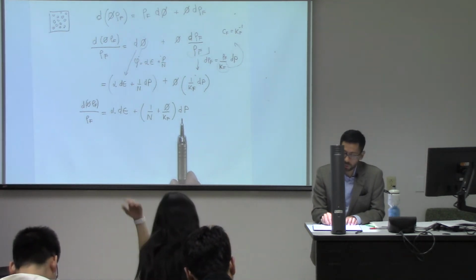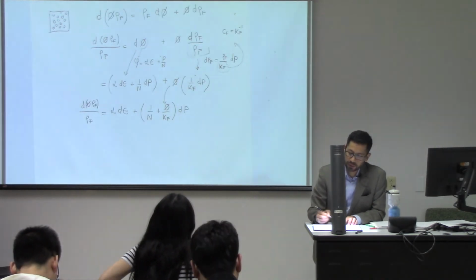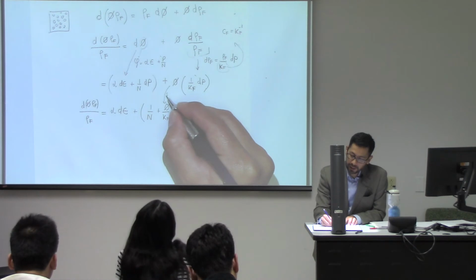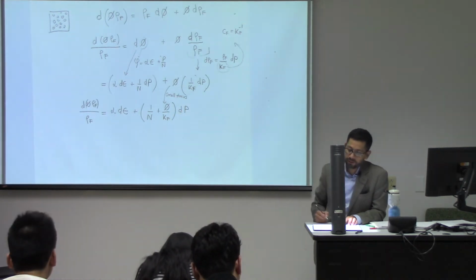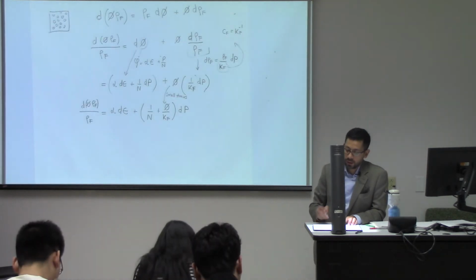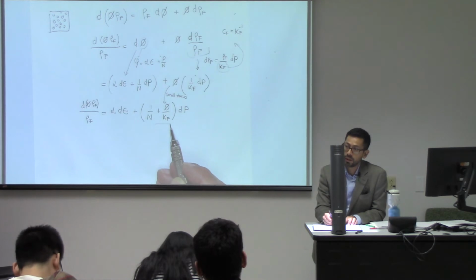I'm going to do one more thing here, which requires an assumption. I'm going to assume that I have very small strains. If I have small strains, this parameter that is really a variable is not a constant.